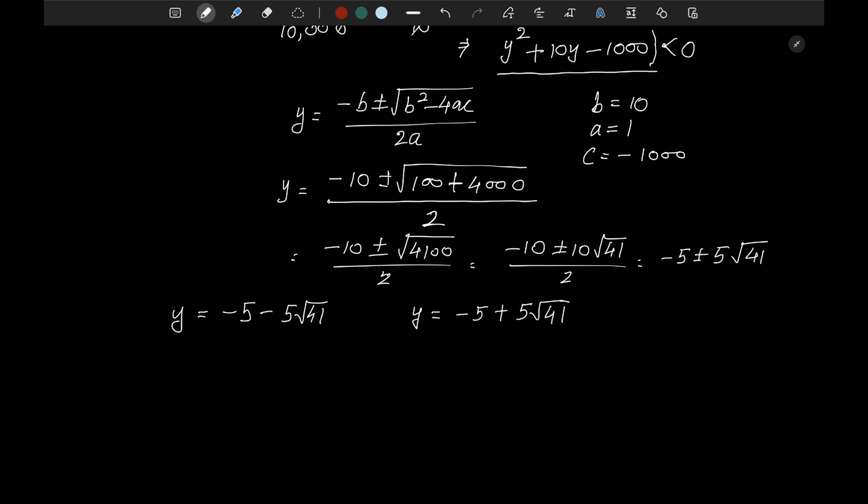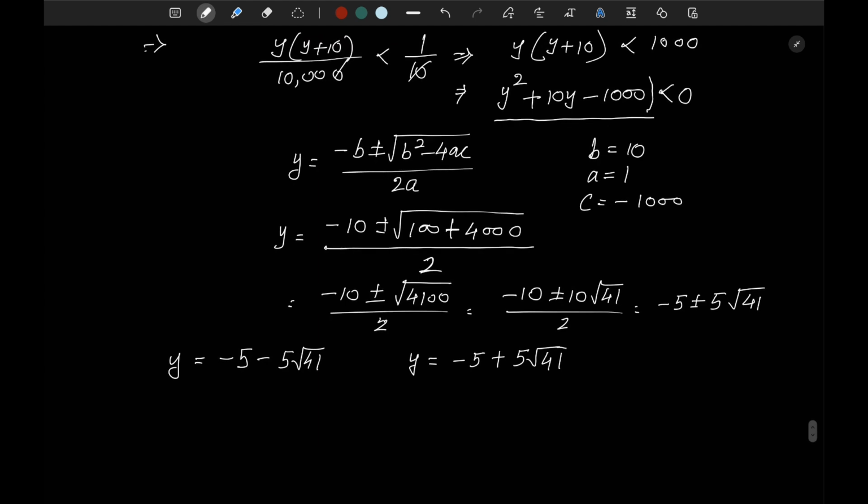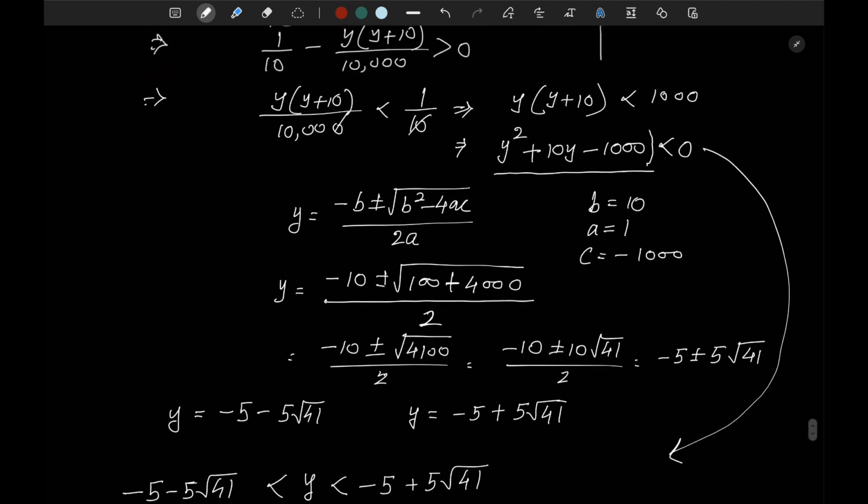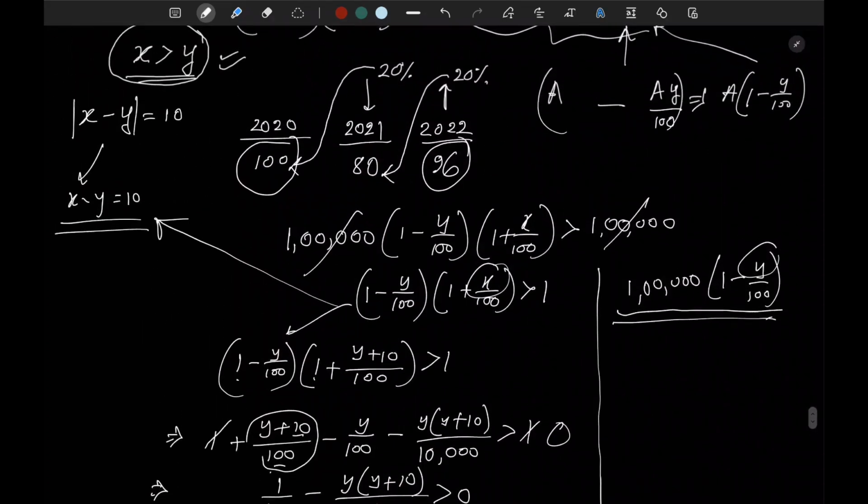Notice that, basically from this particular inequation, by solving this, what we have is that y will lie between these two values, minus 5 root 41 not exactly, but lie between these two, minus 5 plus 5 root 41. Now they have already mentioned in the question, let's visit the question once.